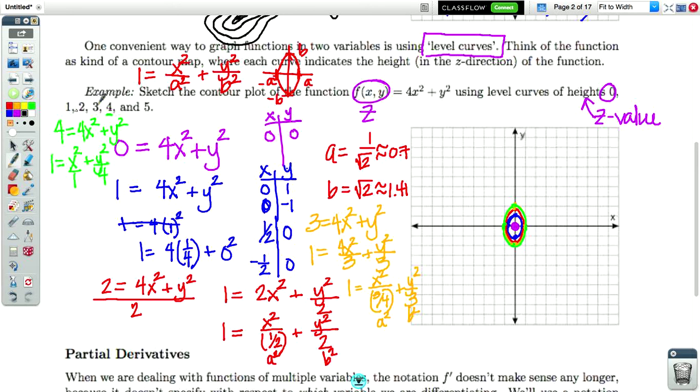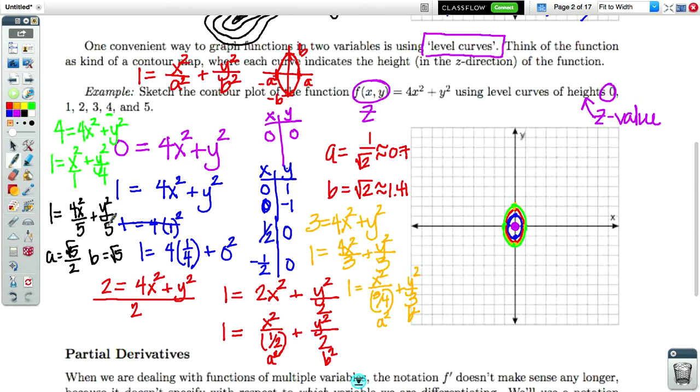And then our last one is going to be a height of 5. In this case, we're going to get 1 equals 4x squared over 5 plus y squared over 5. So our a value is going to be the square root of 5 divided by 2, and our b value is just going to be the square root of 5.